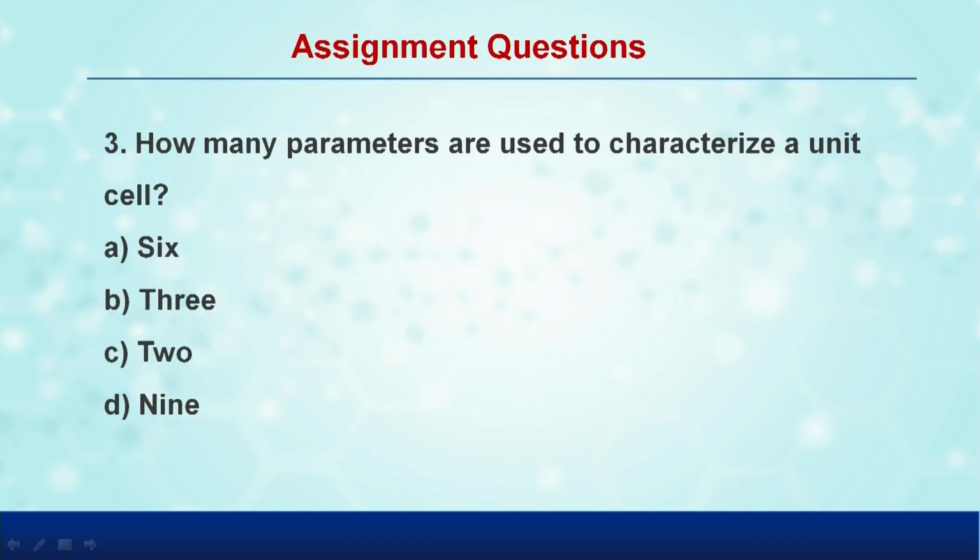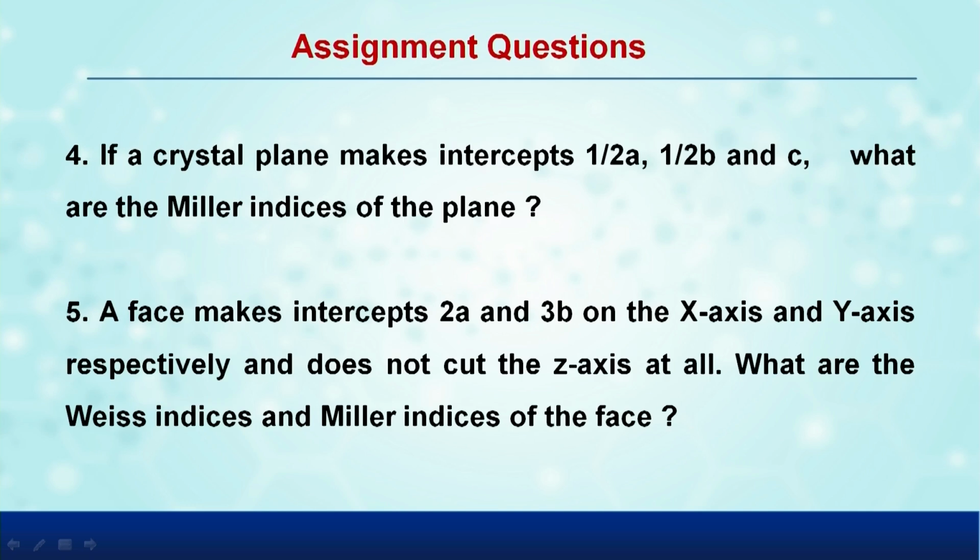Question 3. How many parameters are used to characterize a unit cell? Question number 4. If a crystal plane makes intercepts 1 by 2a, 1 by 2b and c, what are the Miller indices of the plane?